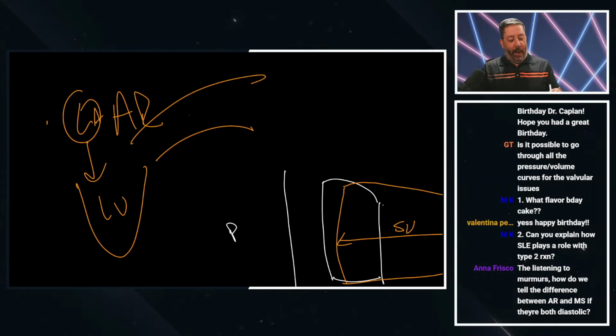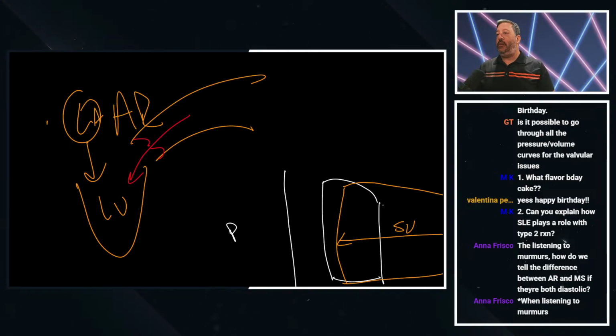But the blood comes back in during diastole. Normally the blood's going to hit the valve, but because the valve is incompetent, it's spread apart, more blood comes in, so you have an increased end diastolic volume with aortic regurg.